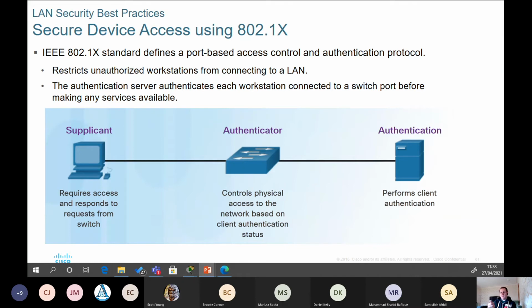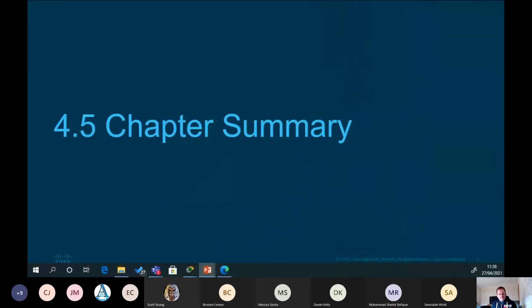So if somebody does come in, unplug, and plug in their own device into your network, they'll only be allowed access if they are authenticated, and there'll be an authentication server that will perform the client authentication, and then obviously the switch will give control to the network based on the client authentication status. So a lot of security options in there.